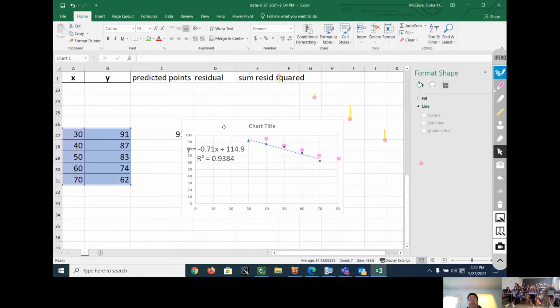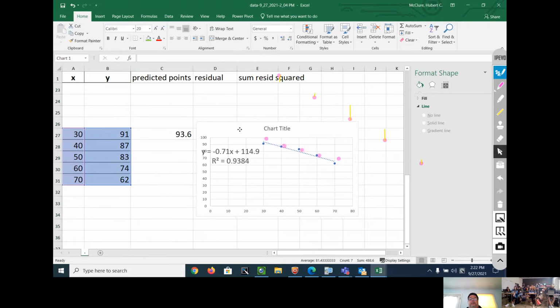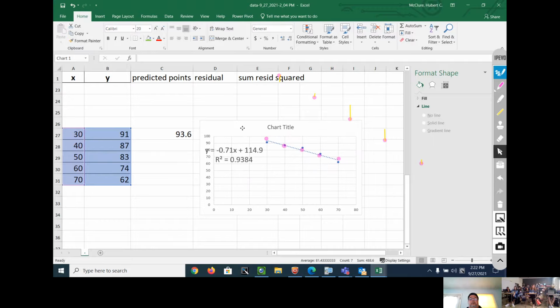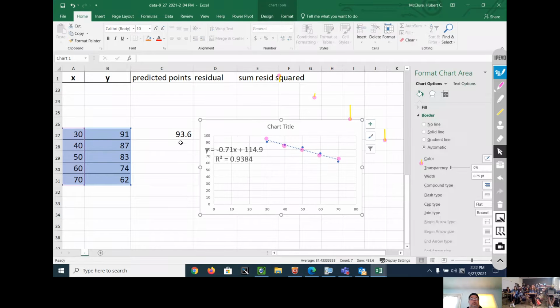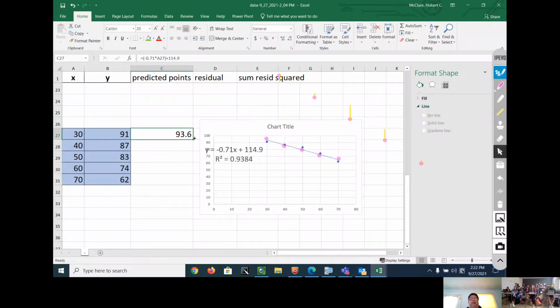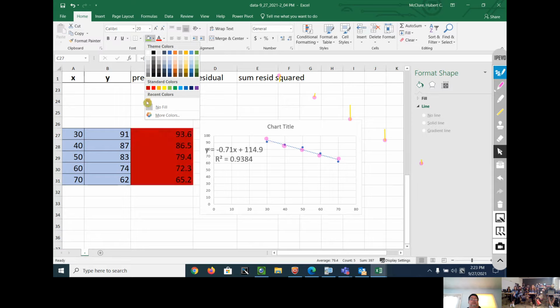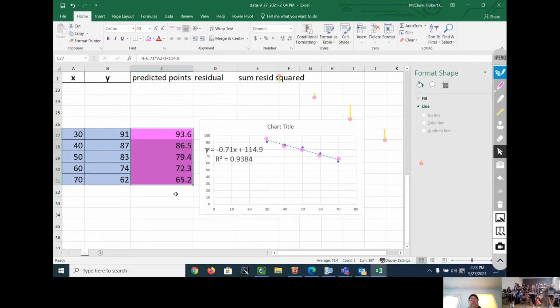All right, copy that down. And those right there are your pink values. That's your predicted points.